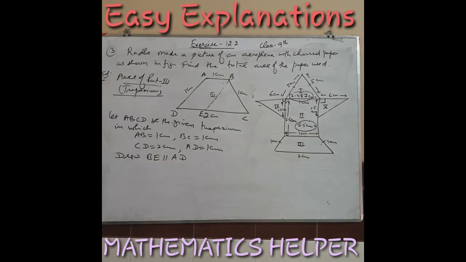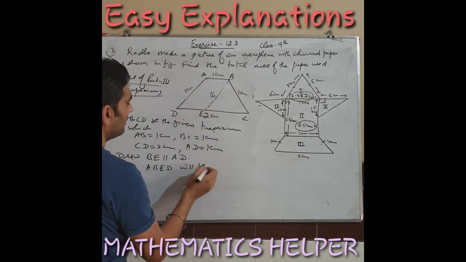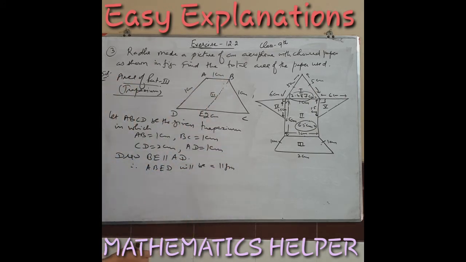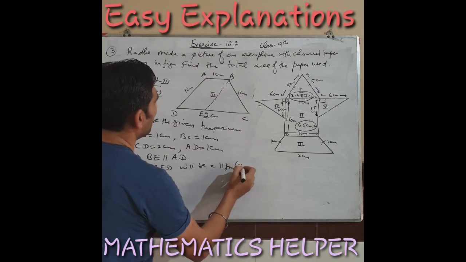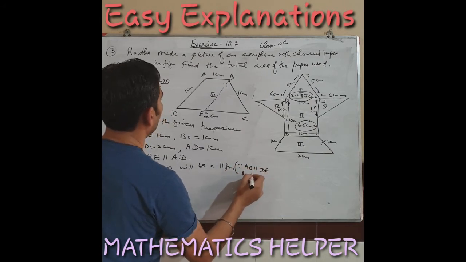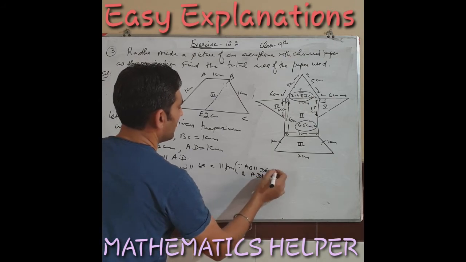Therefore, this figure ABED will be a parallelogram because its opposite sides are parallel. You can give a reason here because AB is parallel to DE and AD is parallel to BE.